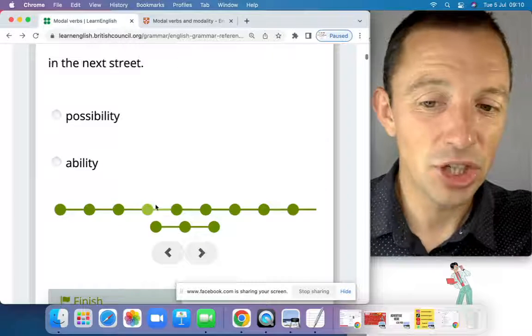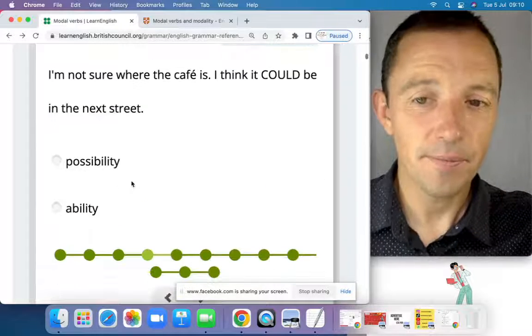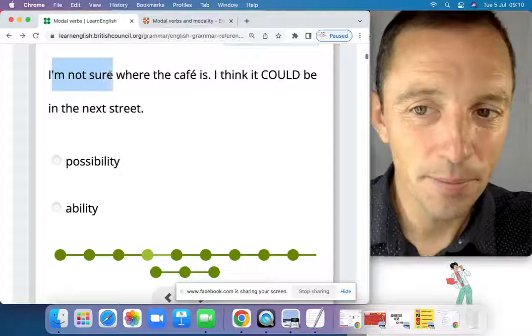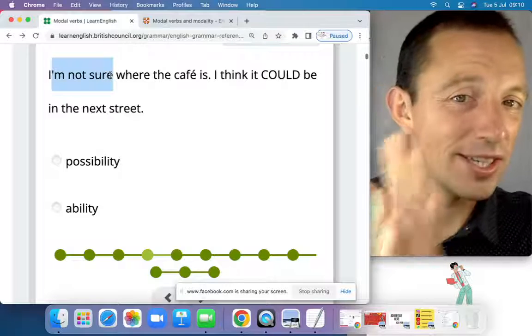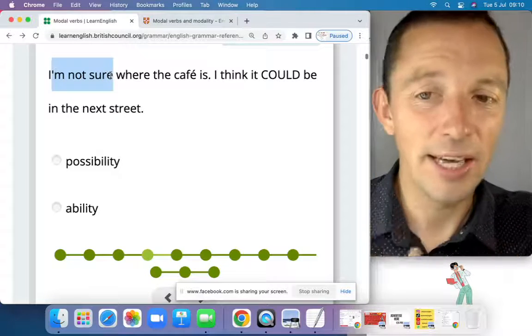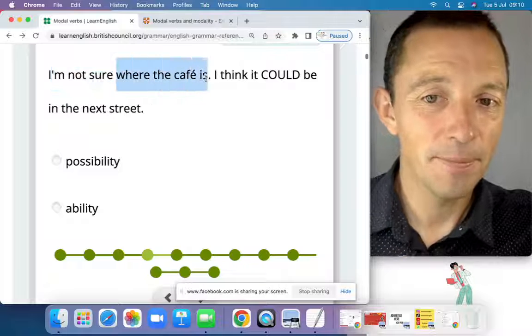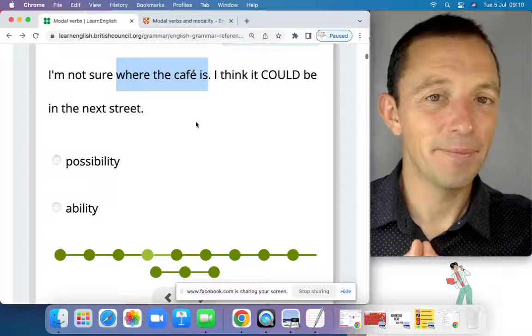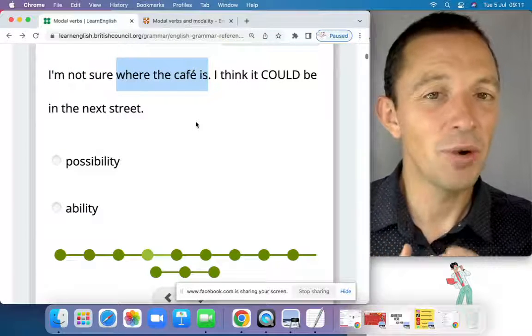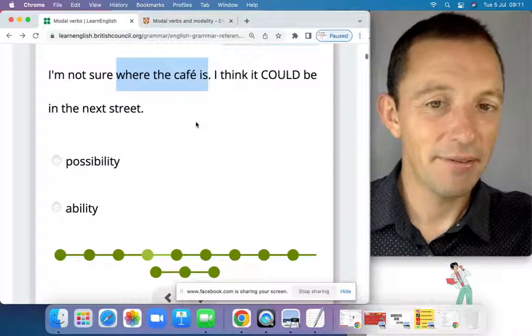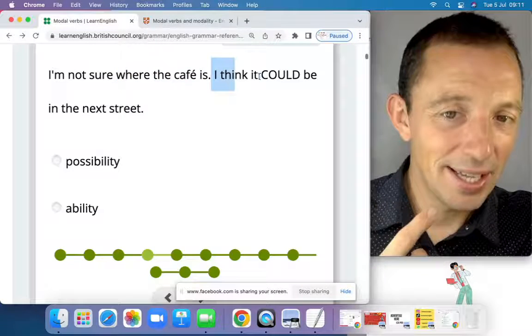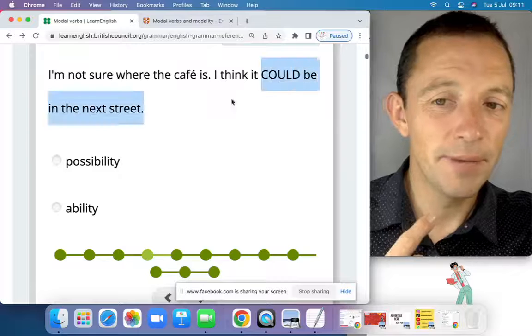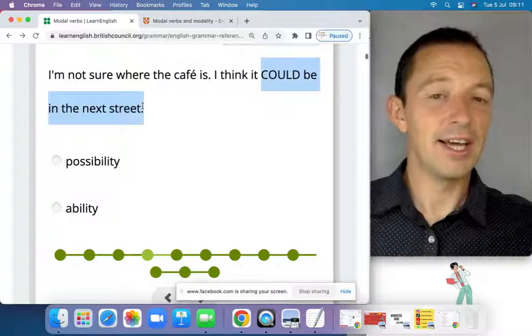Let's move to question 4. I'm not sure. So this is related to certainty and uncertainty. I'm not sure where the cafe is. I'm not sure of the location of the cafe. I think the cafe could be in the next street.